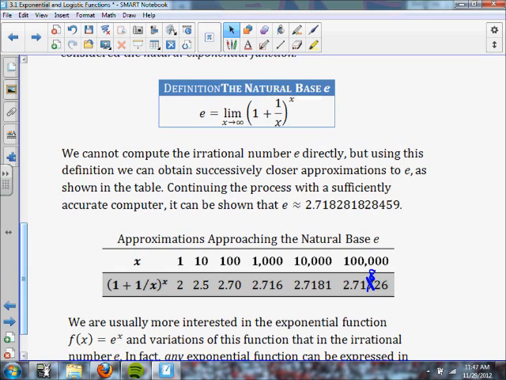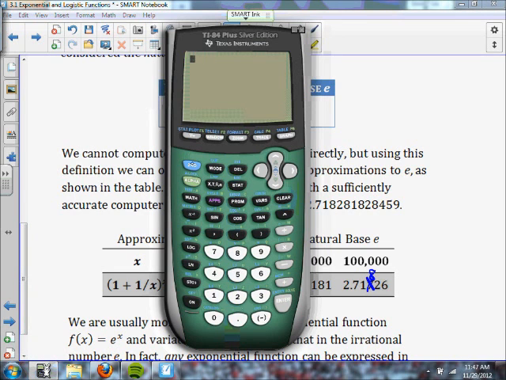If you put 10 in, you'll get 2.5. If you put 100 in, you'll get 2.70. If you put 1,000 in, you get 2.716. If you put 10,000 in, 2.7181. If you put 100,000 in, 2.71826. It's going to keep going on and on. If you put e to the first power into your calculator, you'll get this.